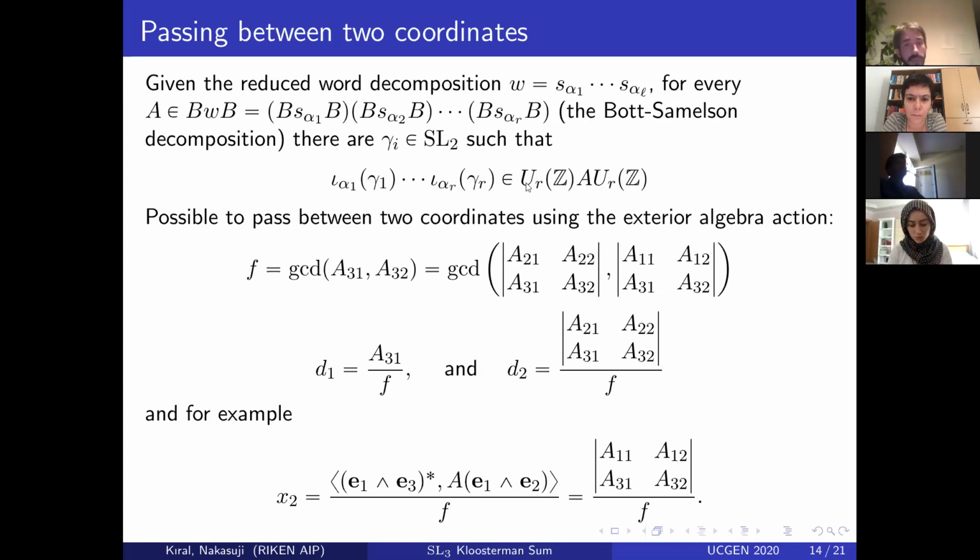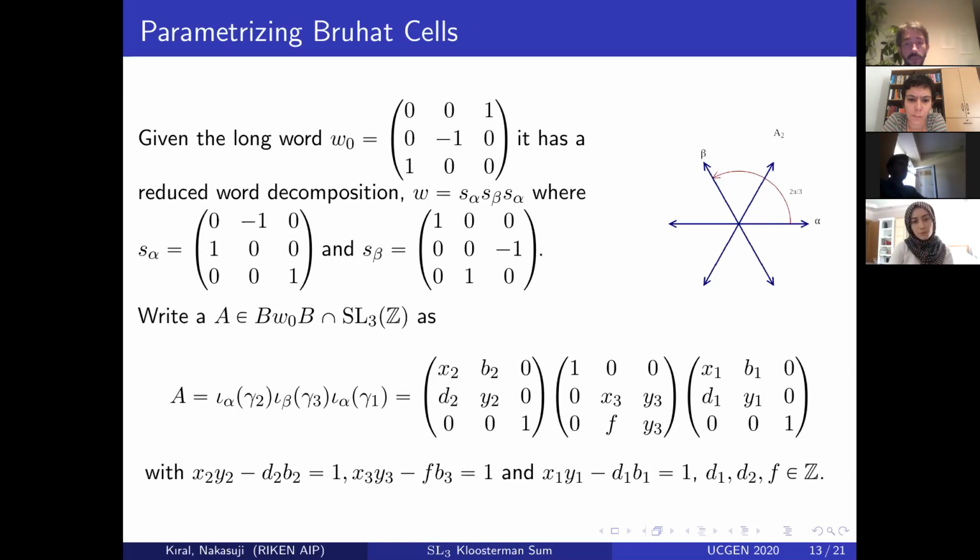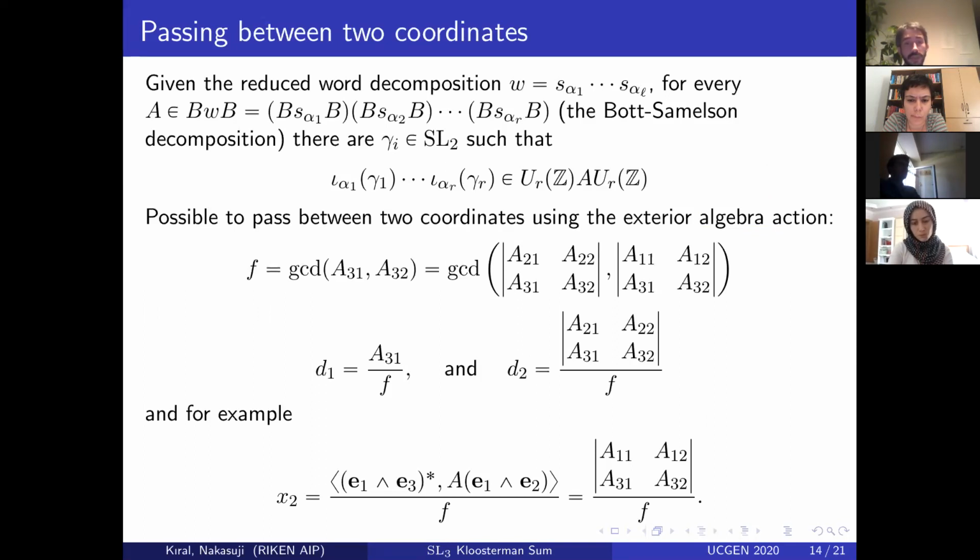And assuming this, now we have two sets of coordinates. One is the coordinates coming from these x's and y's and f's and d's. And the other one is just the coordinates of entries of A31, A32, that sort of thing. And you can pass between one another.